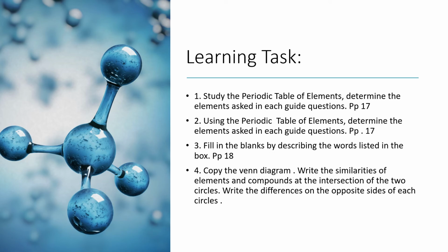Page 17. And next learning task, fill in the blanks by describing the word listed in the box. Page 18. And the other one, copy the Venn diagram. Write the similarities of elements and compounds at the intersections of the two circles. Write the differences on the opposite sides of each circle.